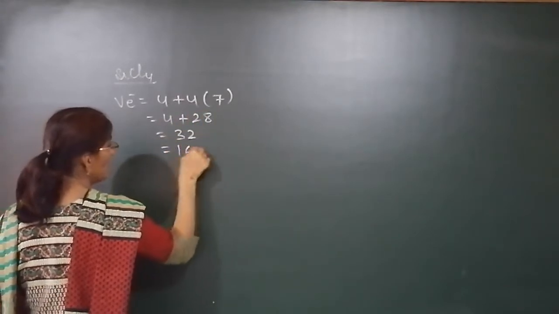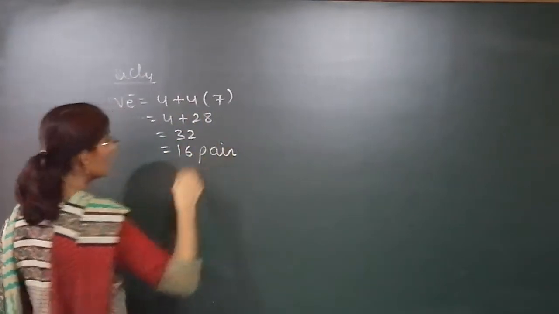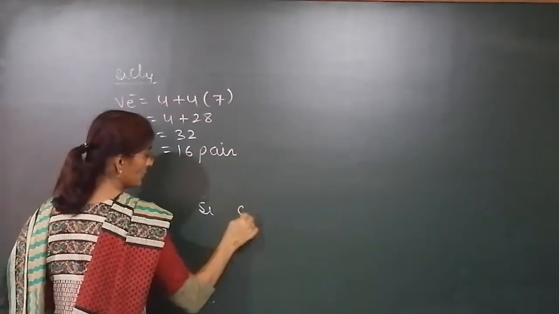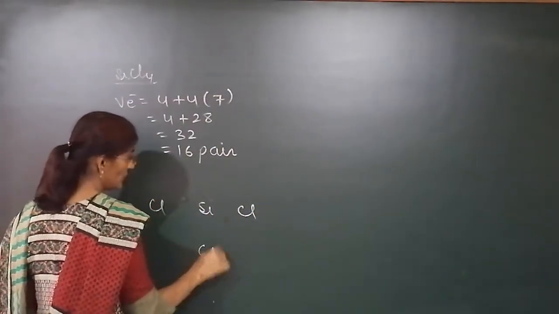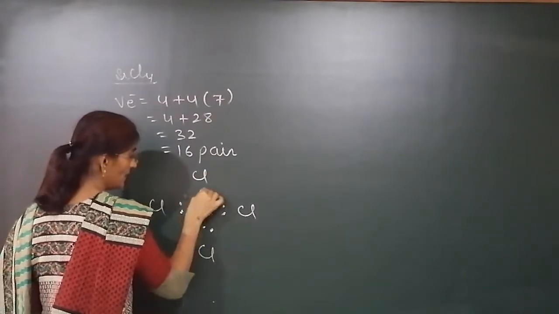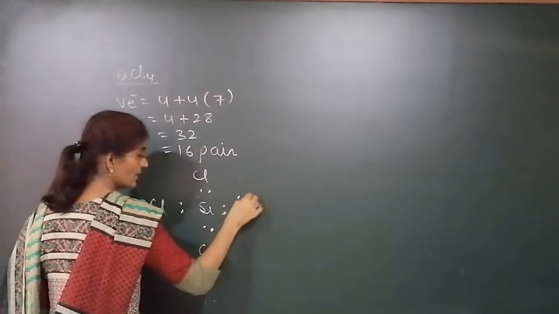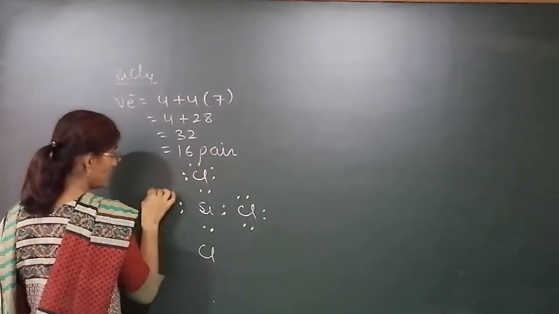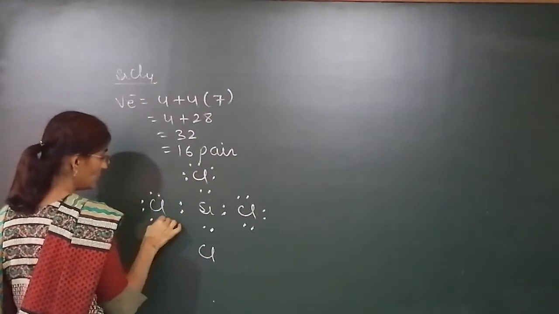That means 16 pairs of electrons are there. Silicon at the center, 4 chlorine at the 4 corners, and we place 1 electron pair in between. Complete the octet of the surrounding atoms, so 16 pairs get placed and all octets are complete.